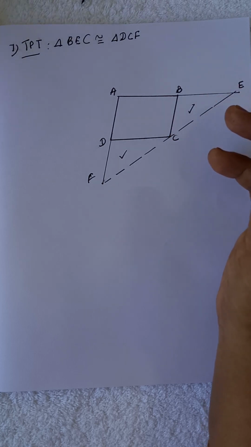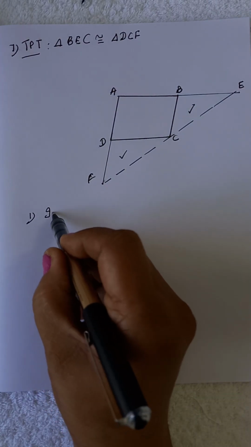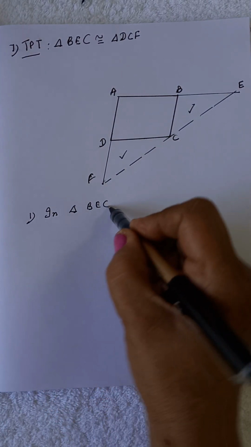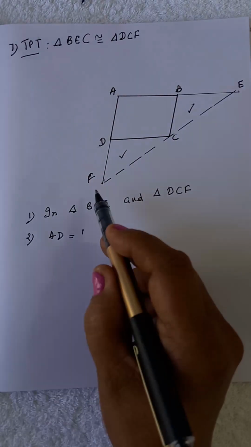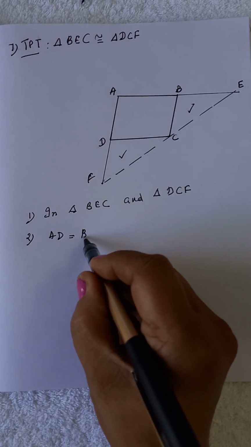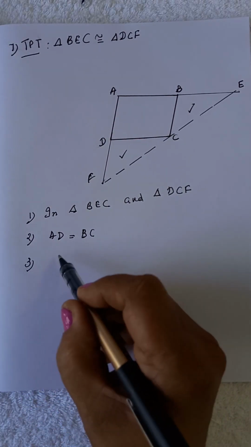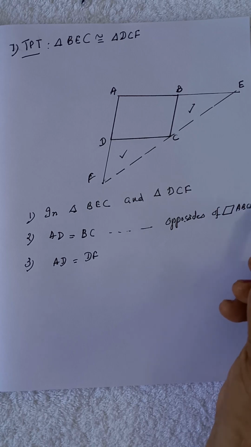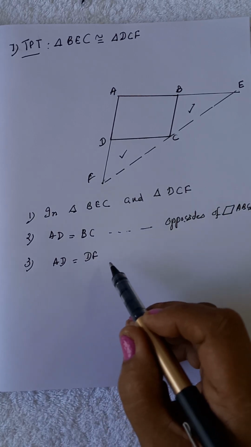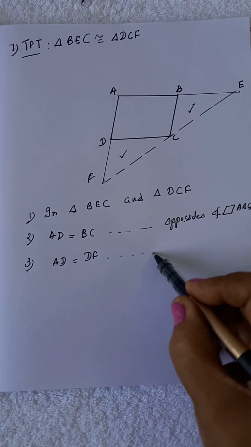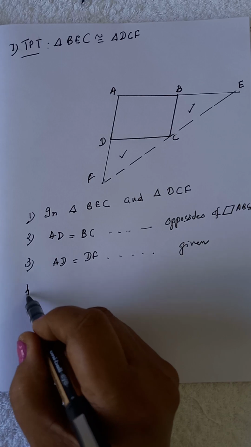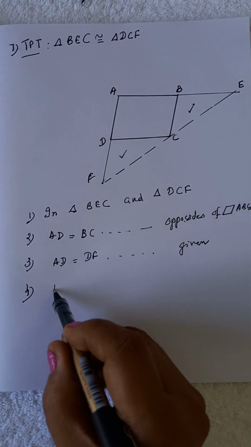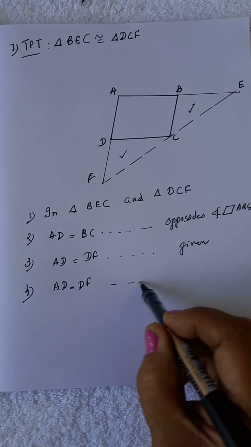So at first, in triangle BEC and triangle DCF, we can write AD is equal to BC, and we can write AD is equal to DF. What is the reason? That is given. We have to produce F such that AD is equal to DF. Now the fourth point, AD is equal to BC and AD is equal to DF, that is from 2 and 3.